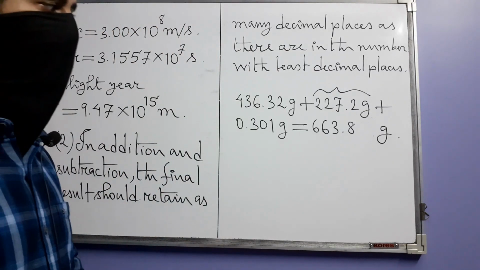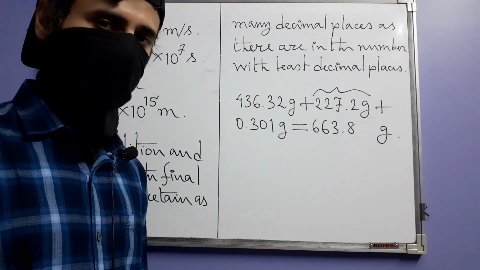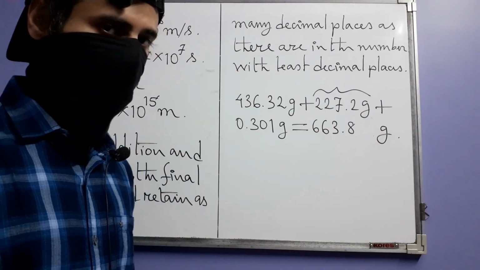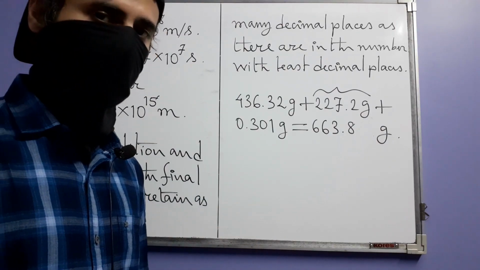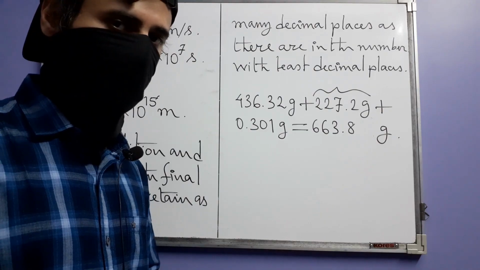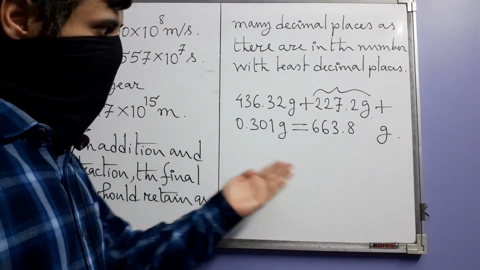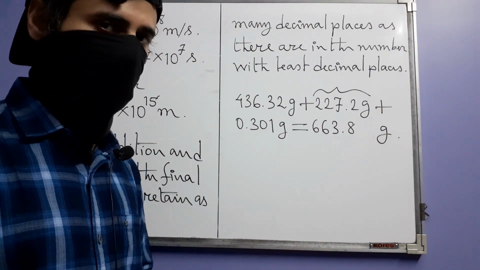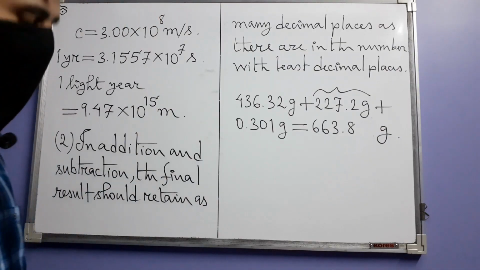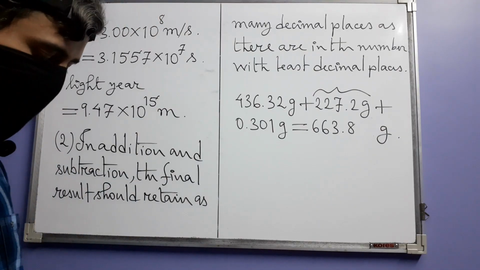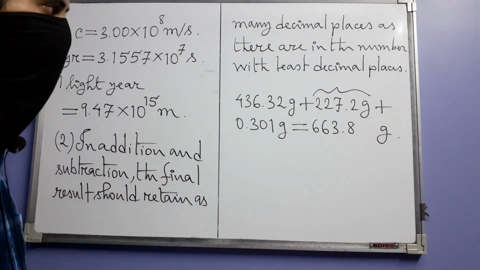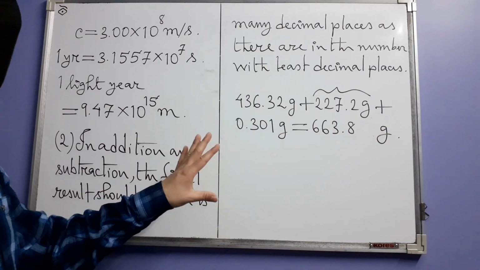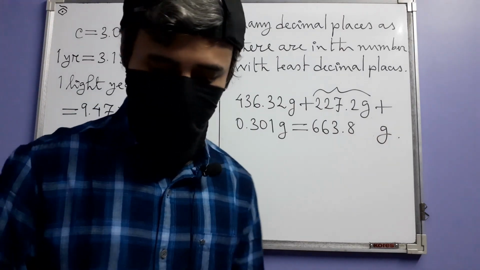We will simply write 663.8 gram. Okay, so these rules have to be maintained when operating on these approximate numbers using the usual arithmetic operations. For subtraction also it is similar. So these are the rules.